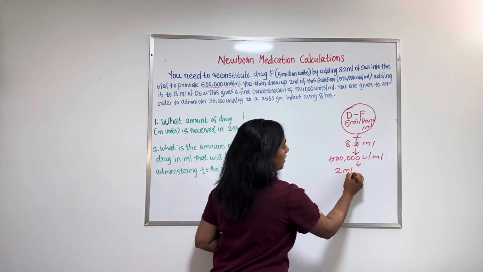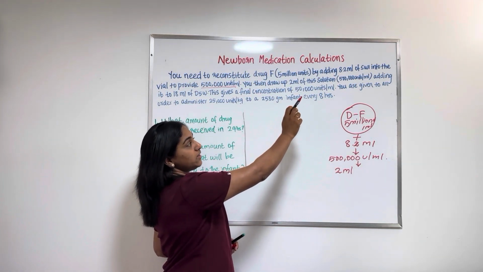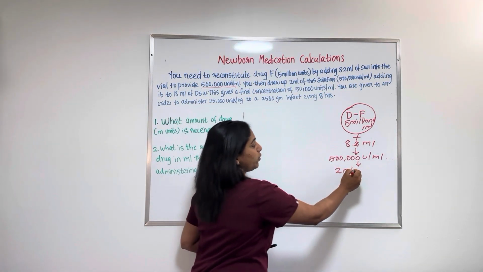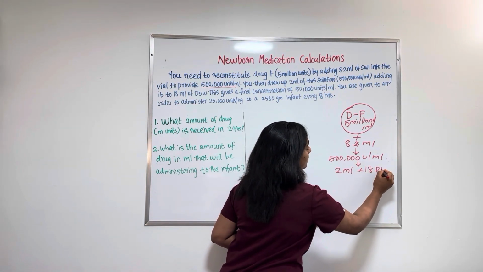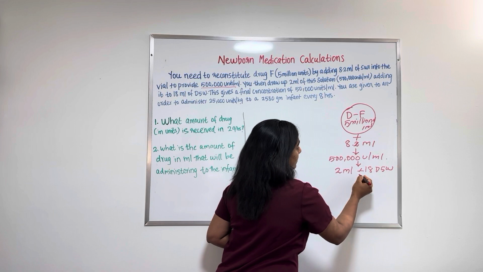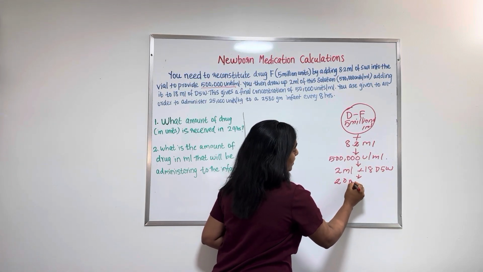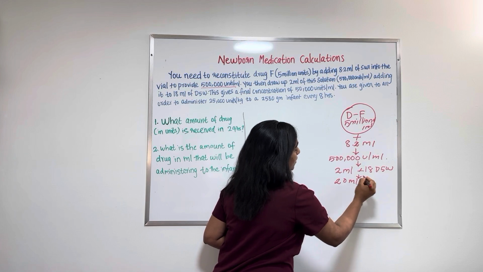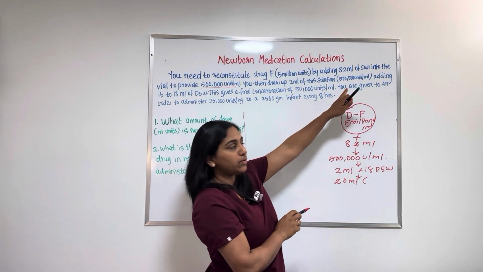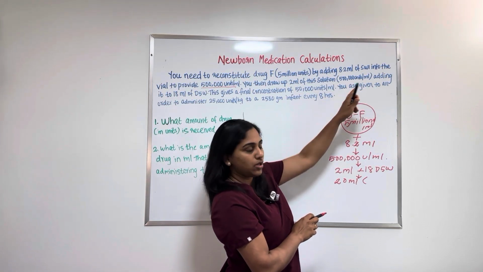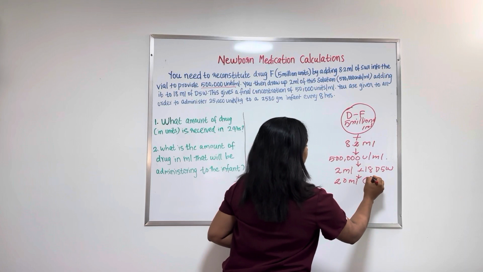So 2 ml, where each 1 ml contains 500,000 units, to 18 ml of D5W. So now we have a total of 20 ml. So 20 ml, each 1 ml, we know that it is 500,000 units. So the 20 ml contains 1 million.